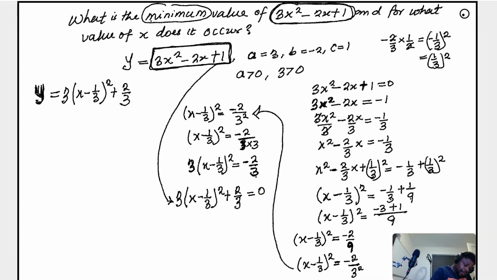So here, my minimum value of y, and my x value is, now see, the minimum value is always what you have here. Always what you have there. So that is plus 2 over 3, which is still 2 over 3. Now, your x value is always the opposite of this. The opposite of minus 1 over 3 is plus 1 over 3.